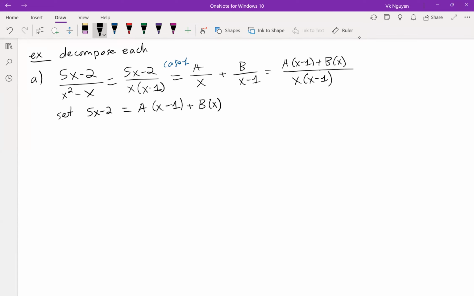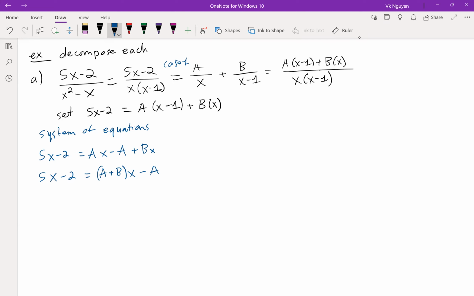And here there are 2 ways that we can solve for this. We can either get a system of equations. That is, 5x minus 2 equal to ax minus a plus bx, and get the x together: a plus b times x minus a.